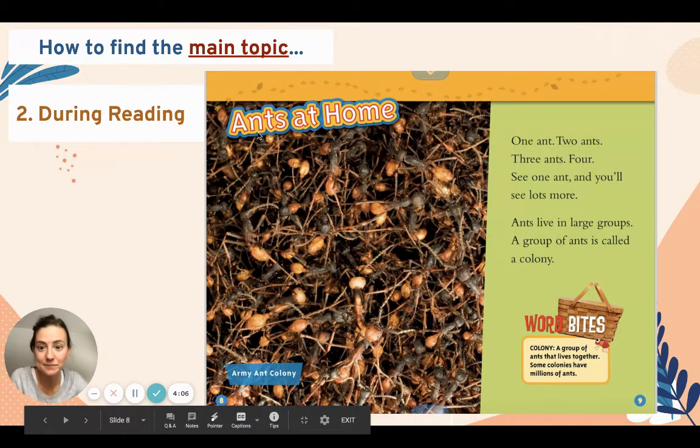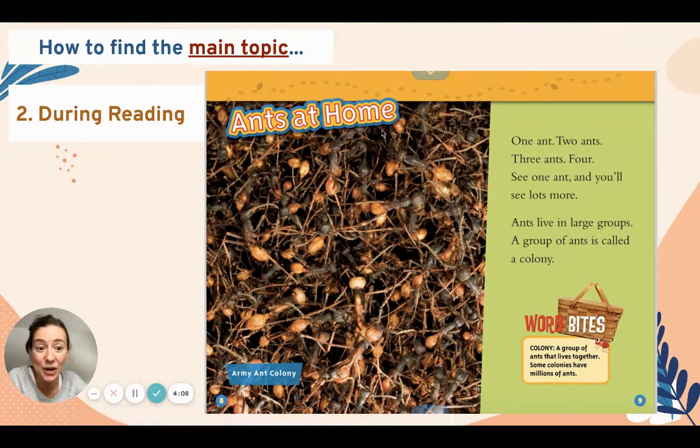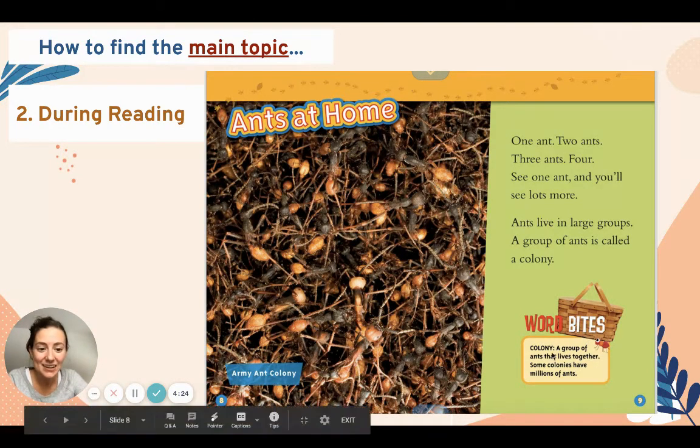Let's keep reading. Ants at home. 1 ant, 2 ants, 3 ants, 4. See 1 ant and you'll see lots more. Ants live in large groups. A group of ants is called a colony. Word bites. Bold word. Colony. A group of ants that lives together. Some colonies have millions of ants.